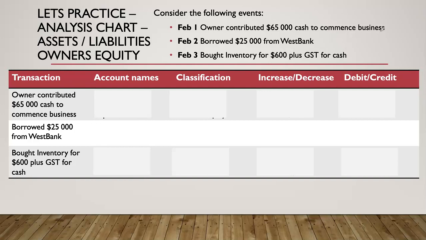So the first one is the owner contributes cash to commence our business. Hopefully we become really good at recognizing that means our cash goes up and our capital goes up. And our cash is an asset and our capital is owner's equity. And as I've just said, both of them are increasing by the amount of $65,000.